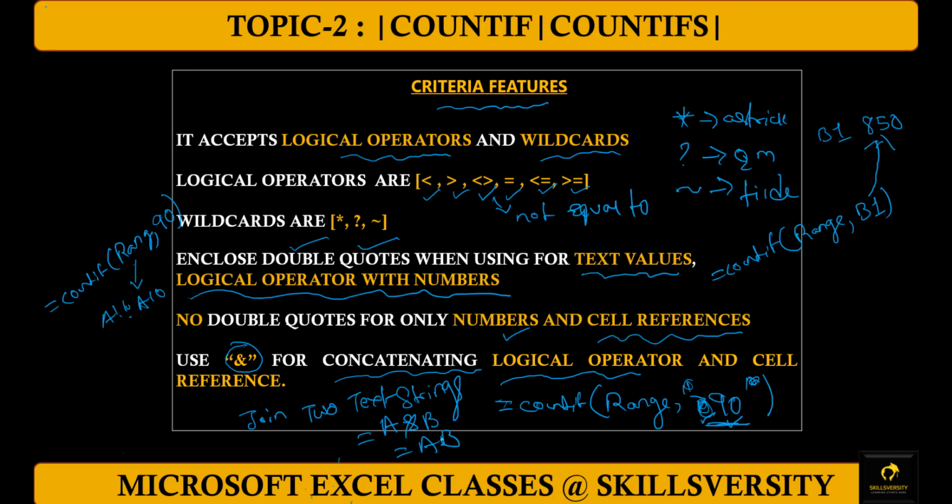The same way, if you want to use a logical operator with cell reference, as I said, for cell reference, no need to enclose double quotes, but for logical operator, you need to enclose a double quote. For example, I'll show it here, just a minute.